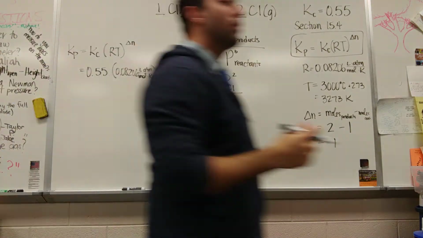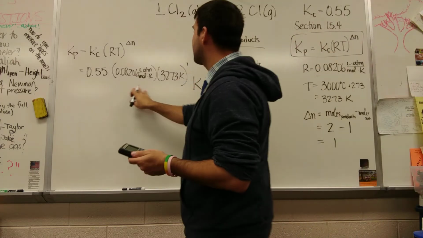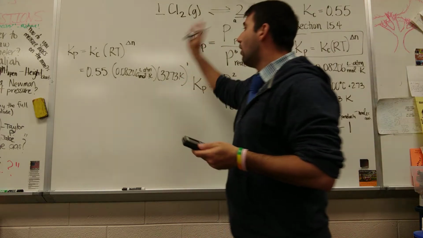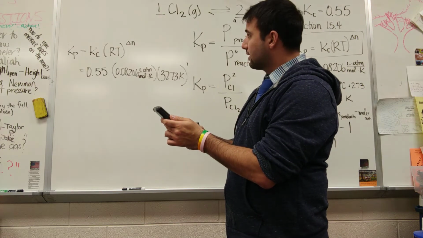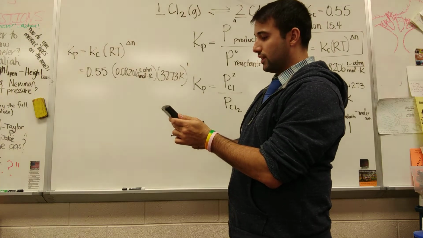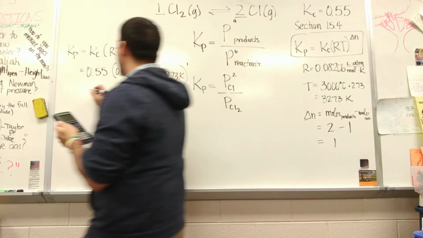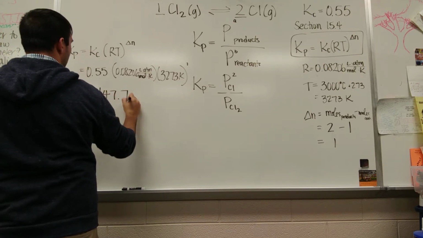Now, if I go to my calculator, I'm going to do 0.55 times 0.08206 times 3273, and I get my Kp is equal to 147.7.